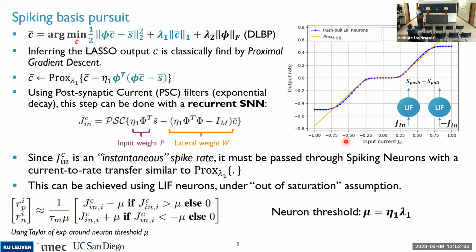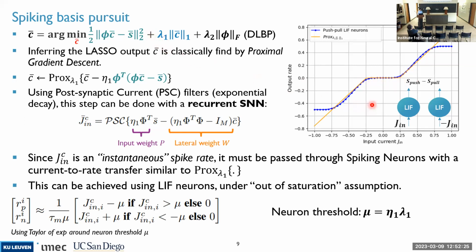And so that is it really. We can then pass this input current to a layer of push-pull spiking neurons in order to achieve the proximal descent effect during the SNN. An interesting thing to remark here is that the strength of the lasso regularization, classical sparse coding, is directly linked to the threshold of the neurons.